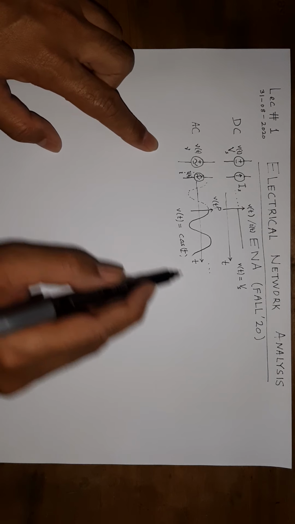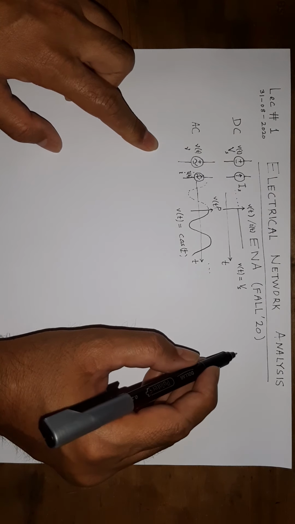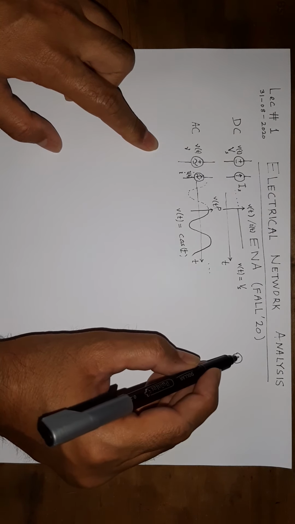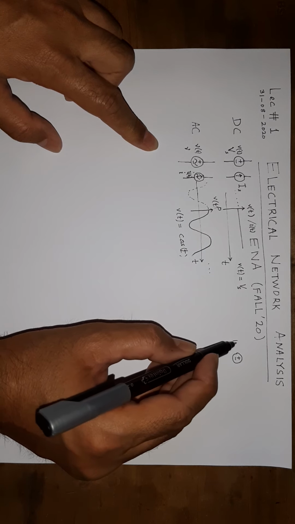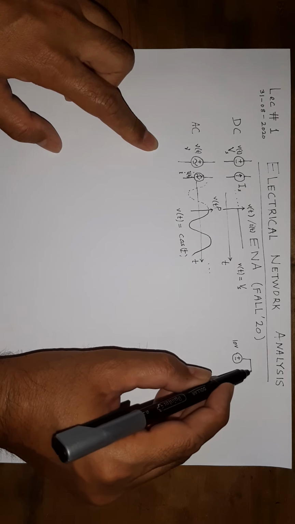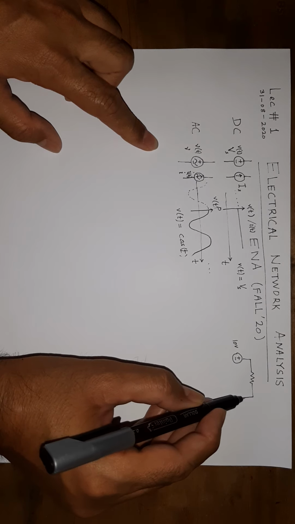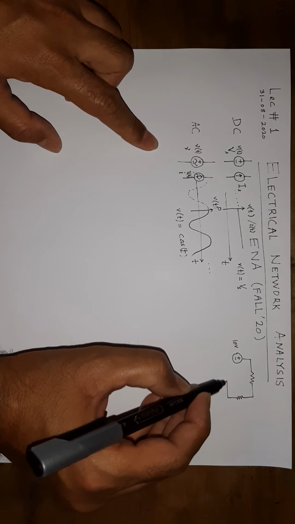Okay, so if we have a circuit like this, so we have a DC source, and then say we have a purely resistive network, all resistances.